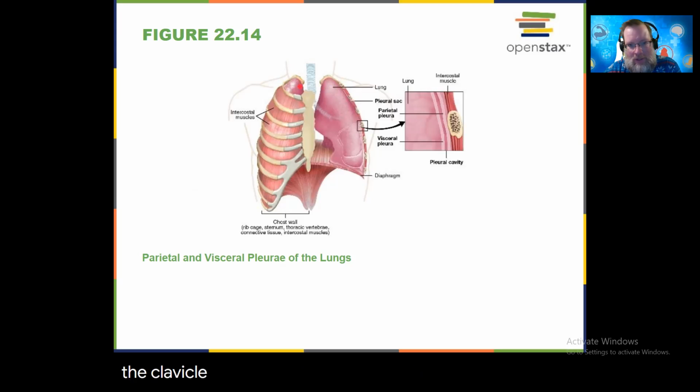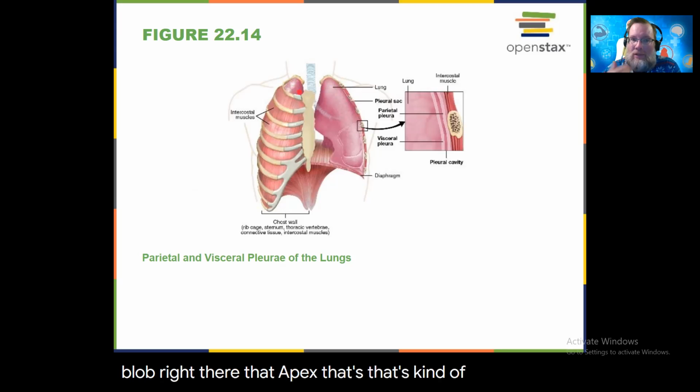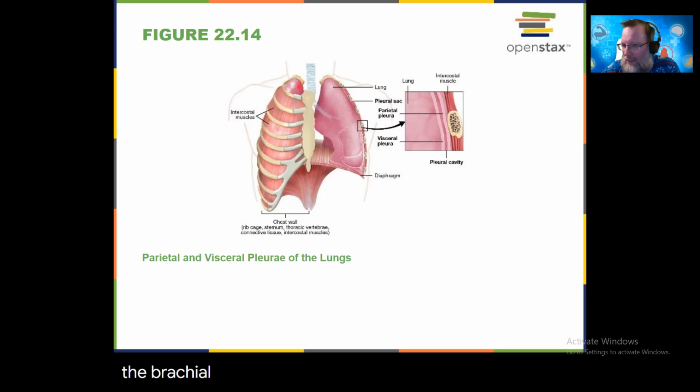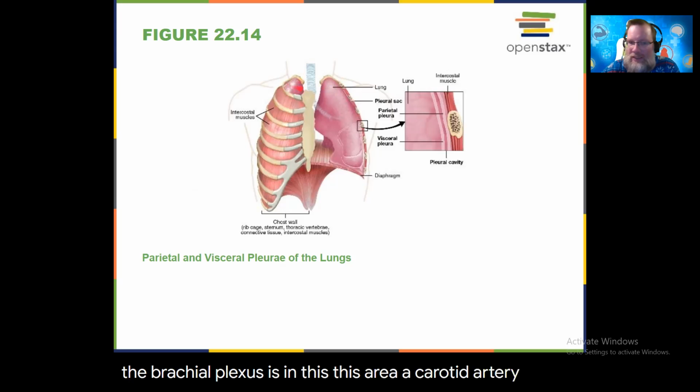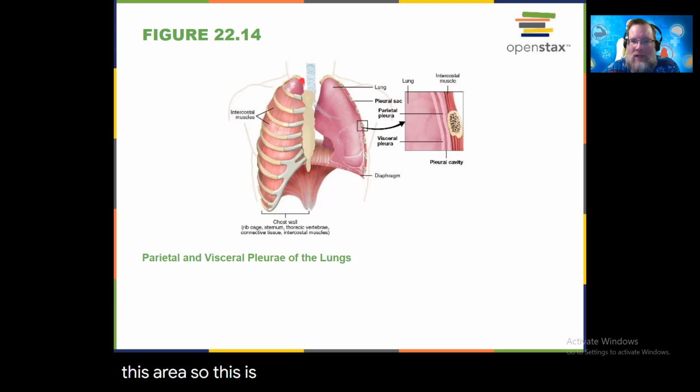Okay, still protected, but yeah, the top of that lung, that little blob right there, that apex, it's like above the clavicle. That's kind of a sensitive area right in there. And the brachial plexus is in this area, the carotid arteries in this area. So this is an area we generally avoid doing a lot of palpation with. Okay.